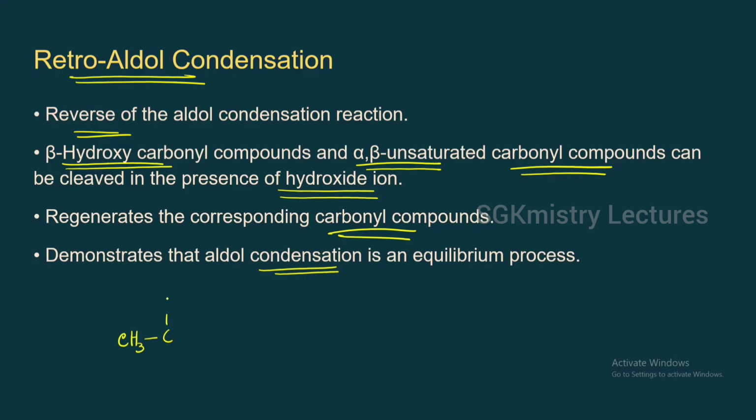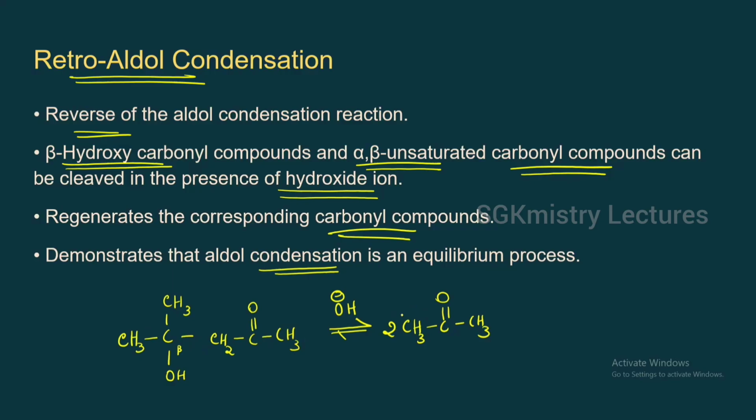So let us write the reaction. So CH3, here OH, CH2, CO, CH3, if I take. So here we know that beta hydroxy, here we have the ketone. So in the presence of OH minus, you're going to get the ketone, that is acetone, back.